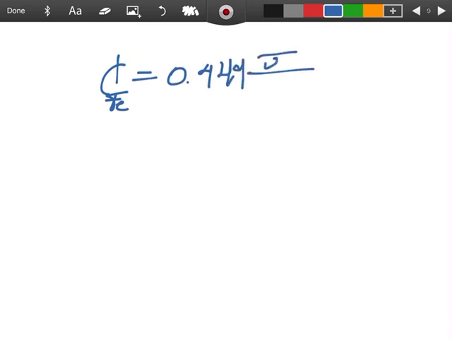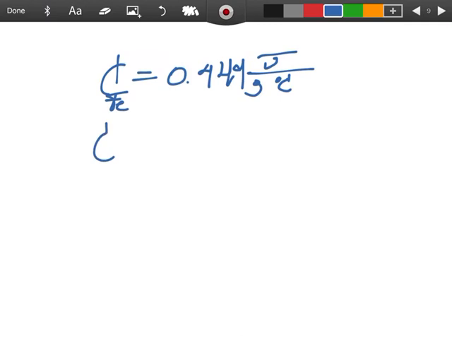Very good. Now, different substances have different heat capacities. They are going to be very particular for every one. So, for example, the specific heat for iron, we already know, is going to be 0.449 joules over gram Celsius. And these are going to be the usual units that we're going to use.